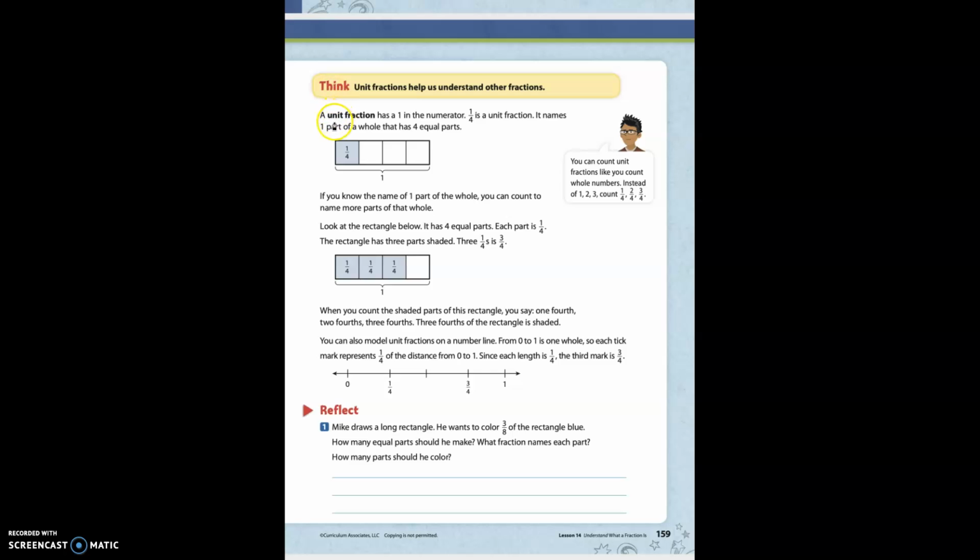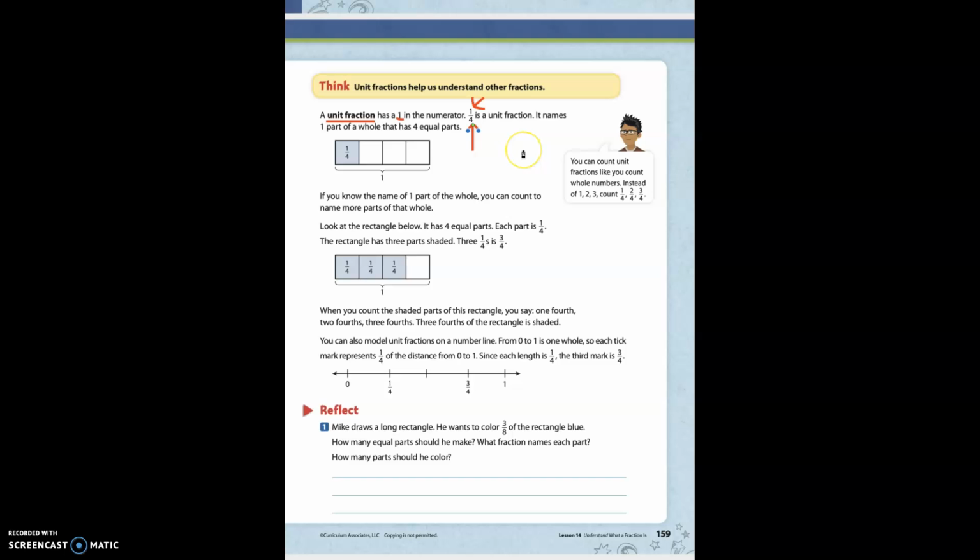So a unit fraction, very important. A unit fraction is any fraction that has a 1 as your numerator. So in this case, the numerator, or the number on top, is a 1. Because it is a 1, that means that this right here is a unit fraction. So 1/4 is a unit fraction. It names one part of a whole that has 4 equal parts.